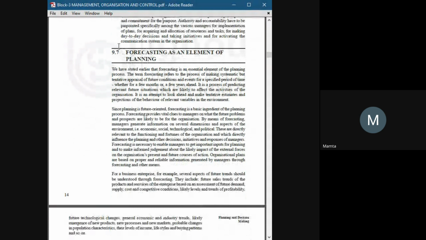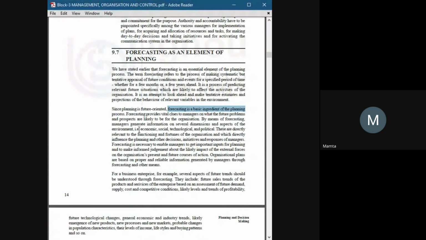Forecasting as an element of planning. Our planning is based on forecasting. A huge part of our planning is based on our forecasting. Since planning is future oriented, forecasting is a basic ingredient of the planning process. Forecasting provides vital clues to managers on what the future problems or prospects are likely to be for the organization. By means of forecasting, managers generate information on several dimensions and aspects of the environment, that is, economic, social, technological, and political.